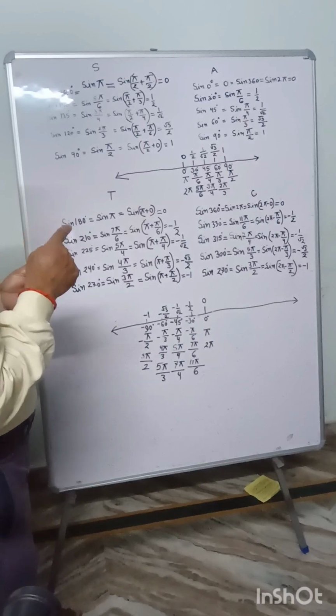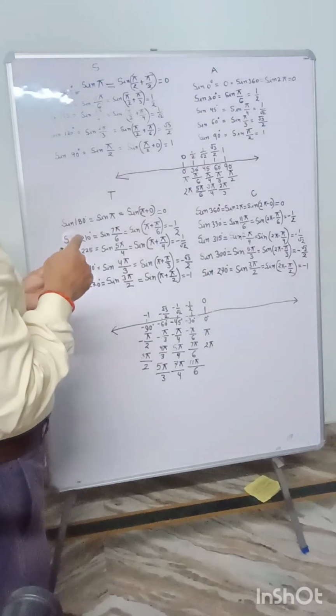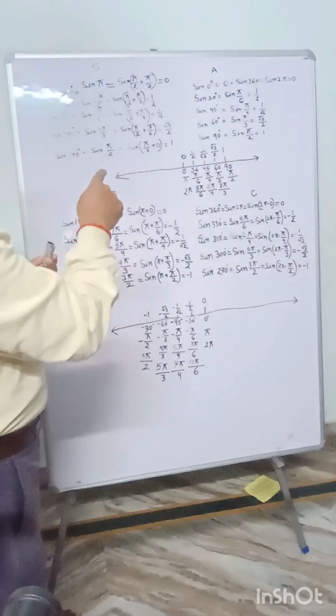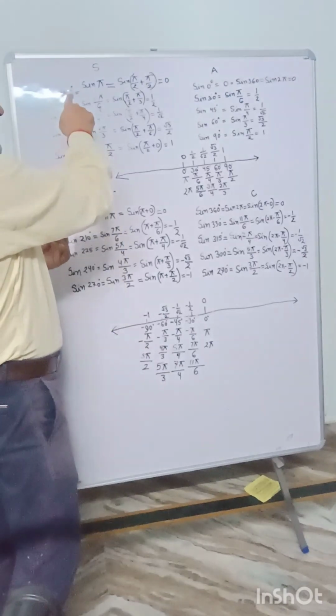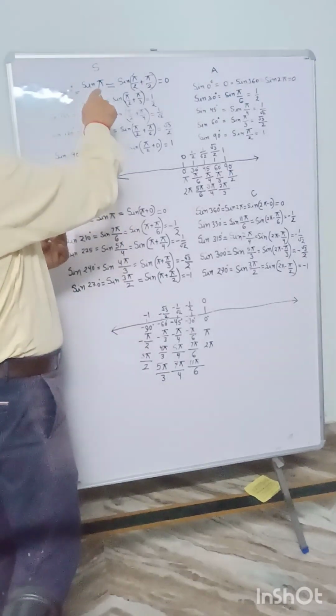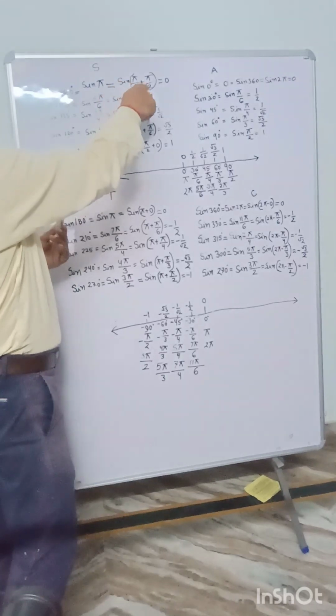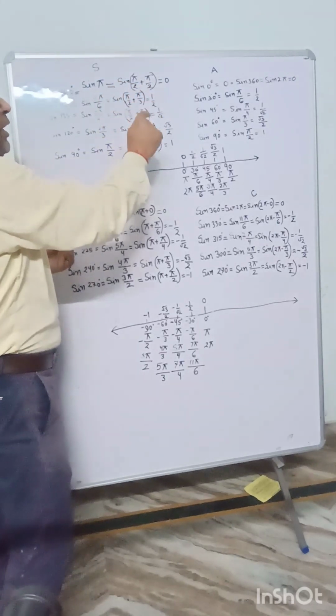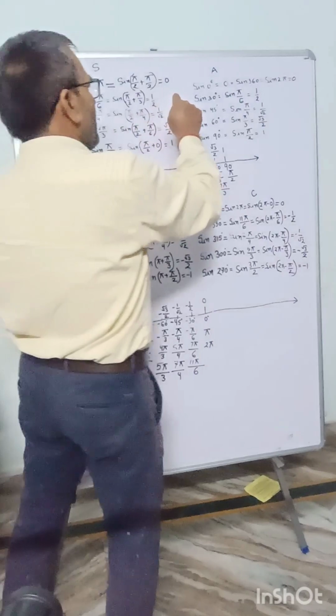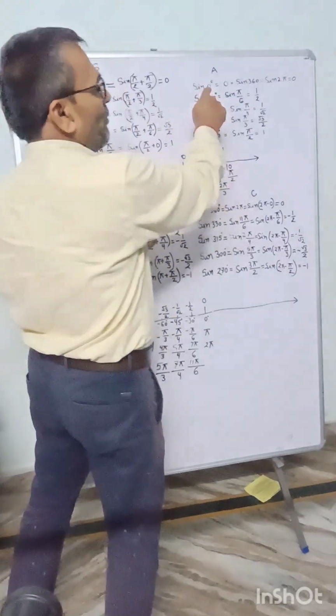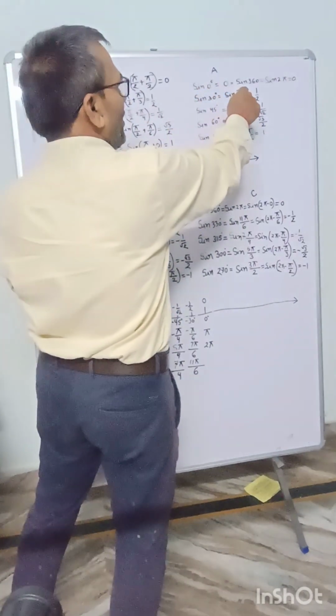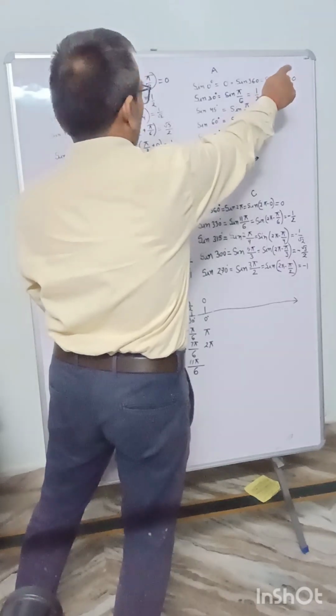In quadrant first and second, if we see the value of sine 180, that is sine pi is equal to sine pi by 2 plus pi by 2 is equal to 0, is equal to the value of sine 0 equal to 0 is equal to sine 360 is equal to sine 2 pi is equal to 0.